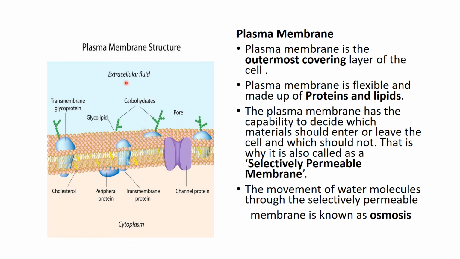You can see this is the extracellular fluid and this is the cytoplasm. In the case of gases, carbon dioxide and oxygen, it allows carbon dioxide to move out and oxygen to move in. In the same way, the substances which are good for the cell, it allows to enter, and the waste it allows to move out of the cell.